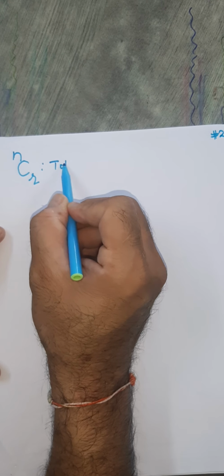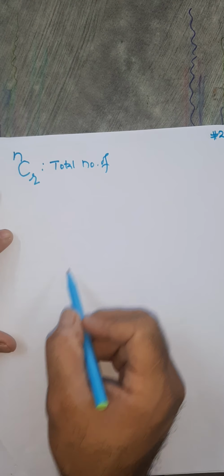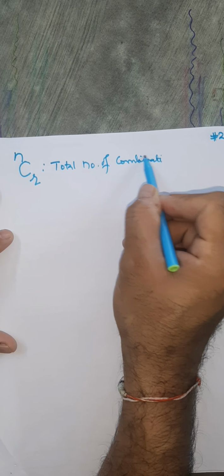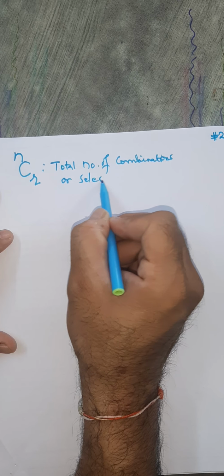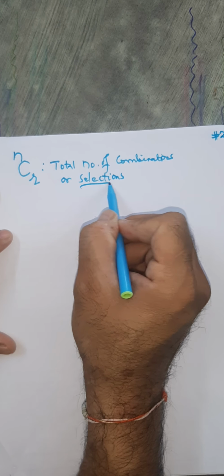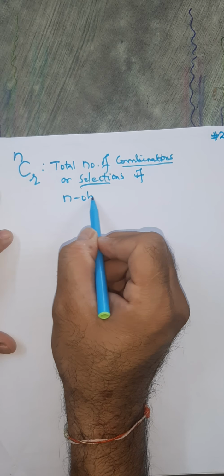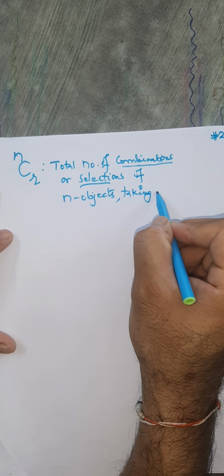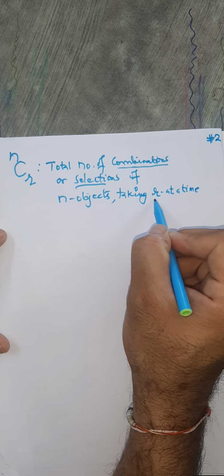This is the total number of combinations, or selections, of n objects, the total number of objects, taking small r at a time.